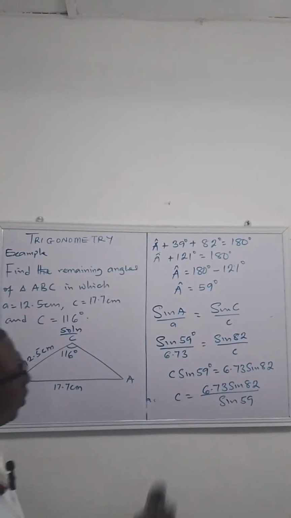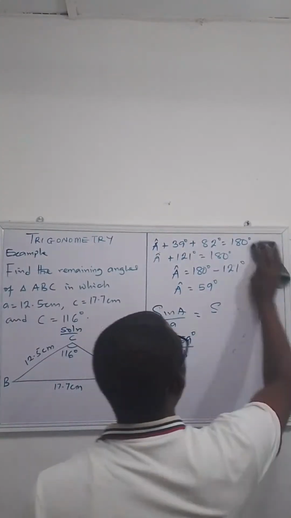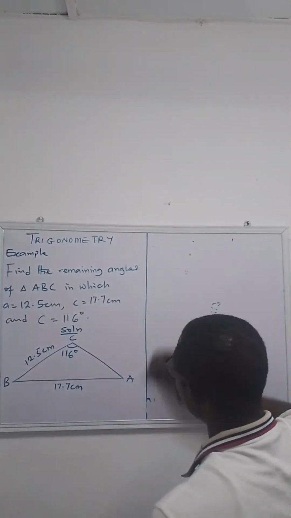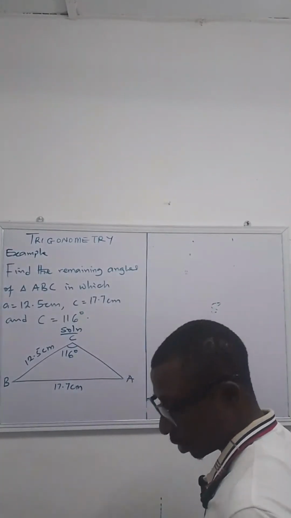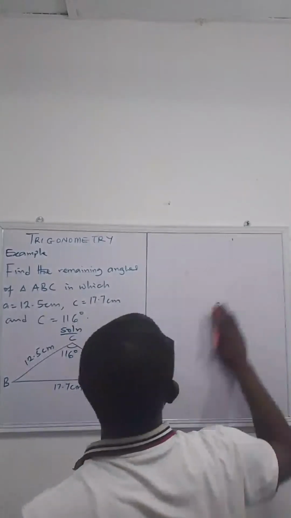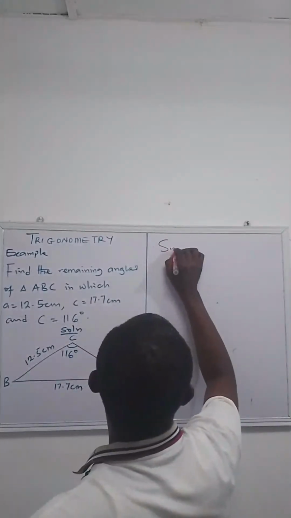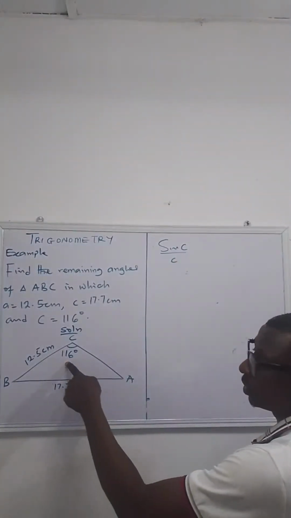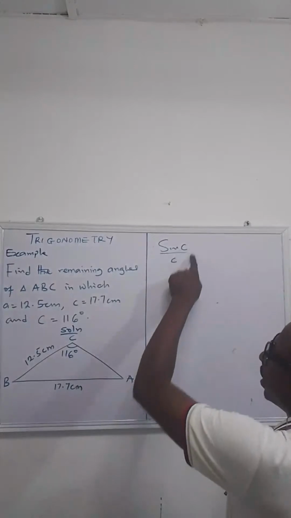So let's look at the formula. What formula are we going to use now? We're making use of sine C over small c, because this one is given: angle C and side c. So I'm going to start with that.